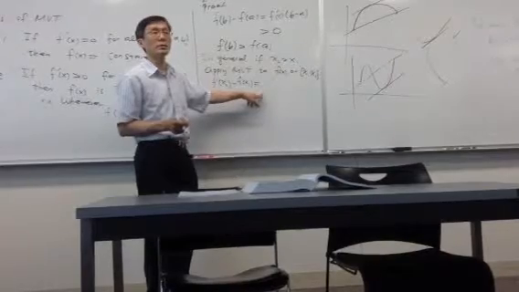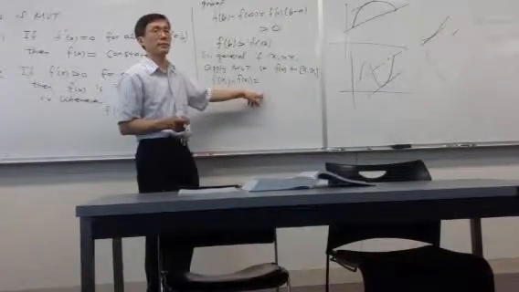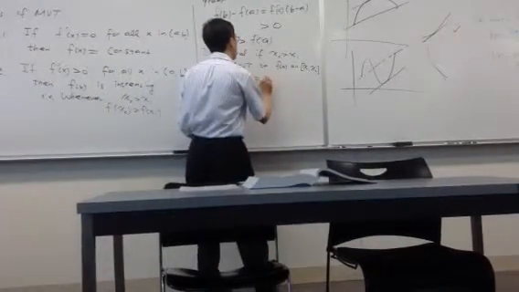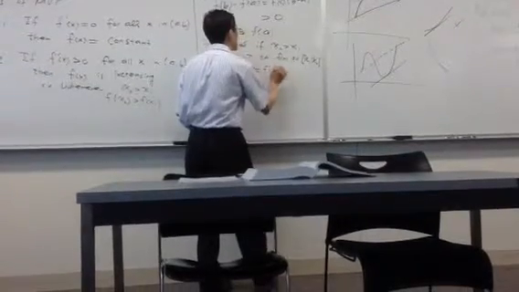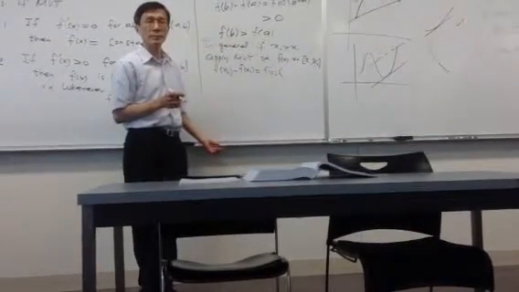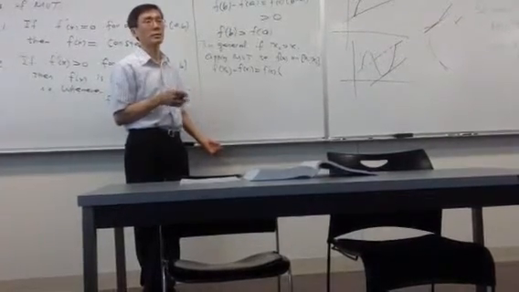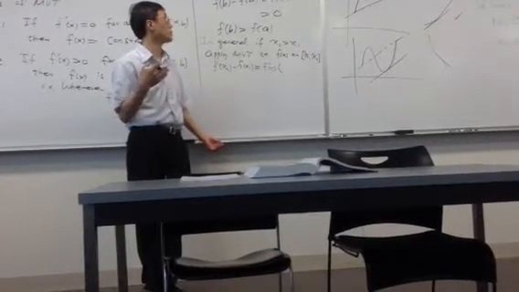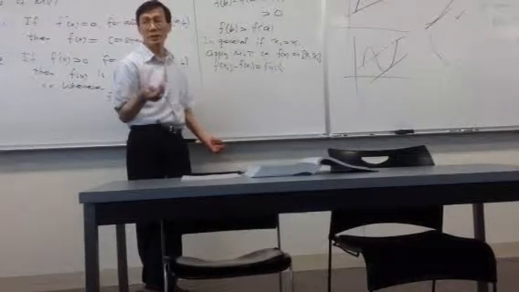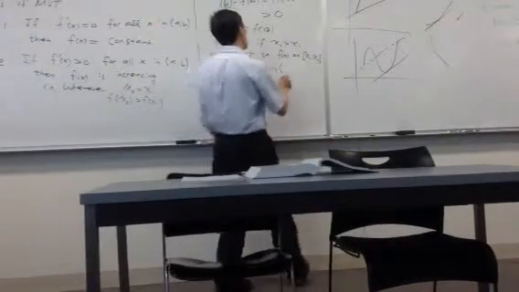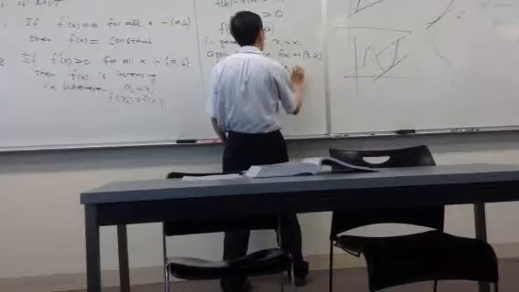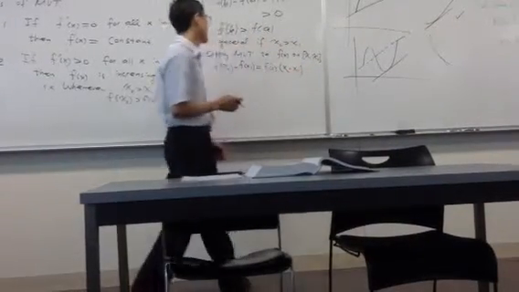Apply the mean value theorem, what would you get? f prime of c, and then what else? x2 minus x1. You no longer have b minus a. So x2 minus x1, all right?